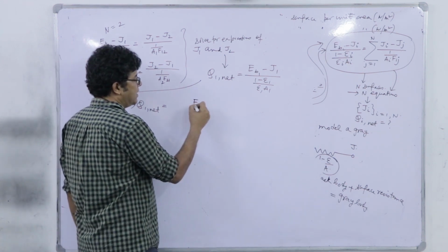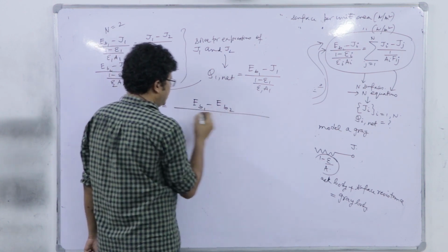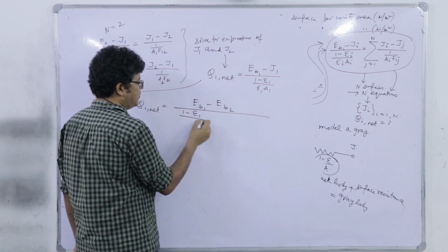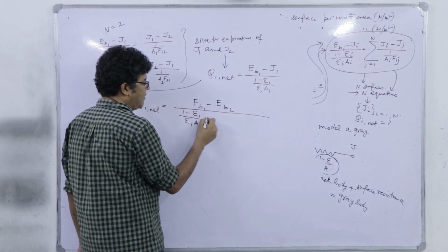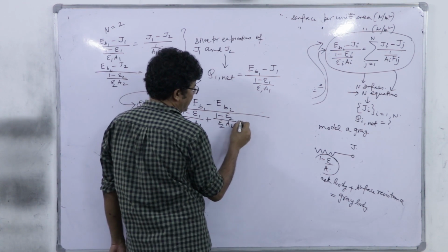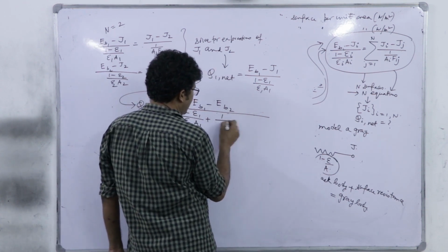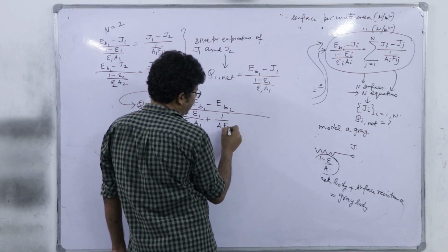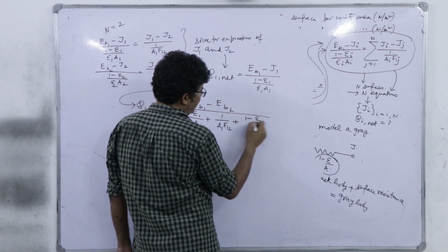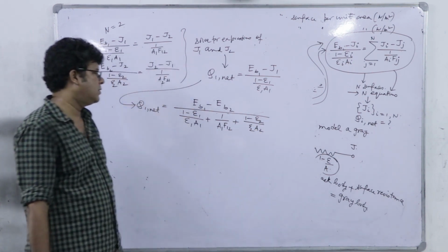We will get an expression like Eb1 minus Eb2 divided by (1 minus epsilon 1) by epsilon 1 A1, plus 1 divided by A1 into F12, plus (1 minus epsilon 2) by epsilon 2 A2, right.